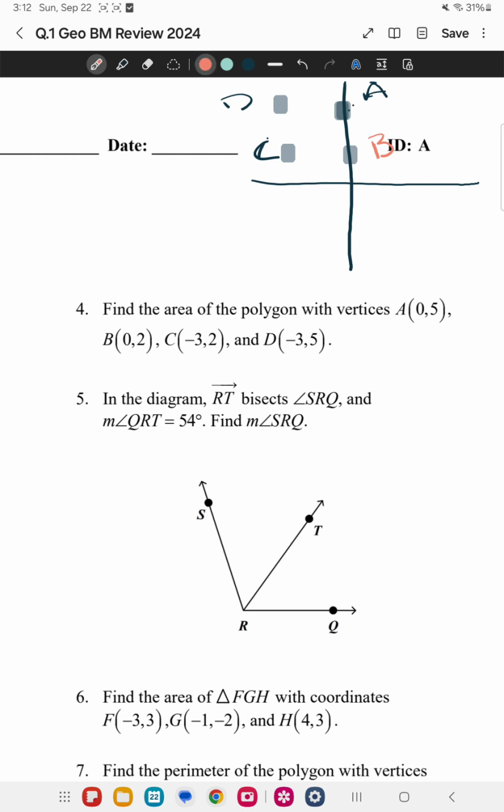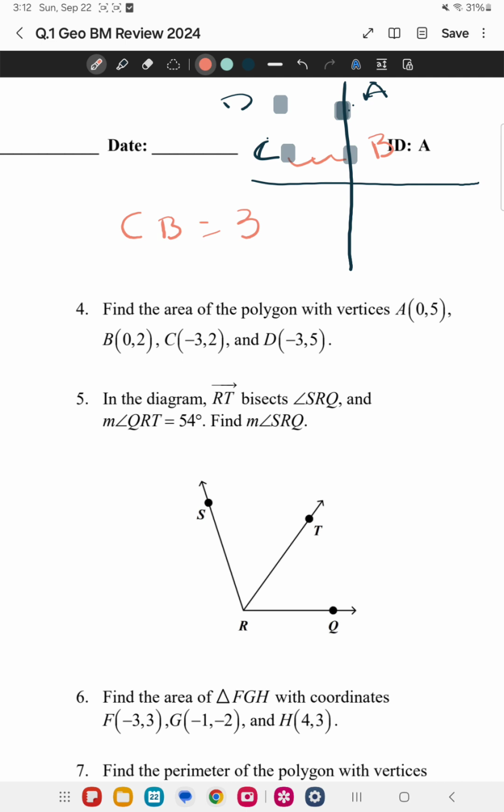So I'm going to go this way, and I know that it's a negative 3 this way, which is a positive 3. 1, 2, 3. So between B and C, or C and B, either way, equals 3 units.